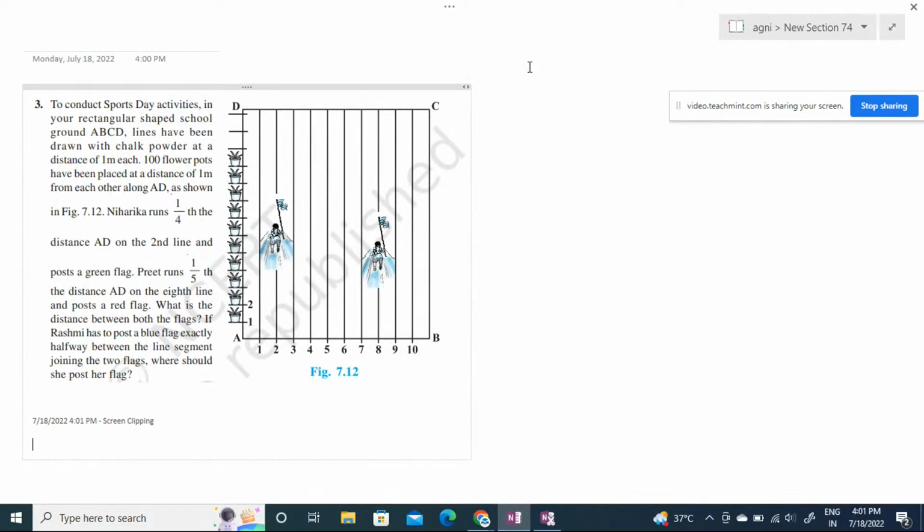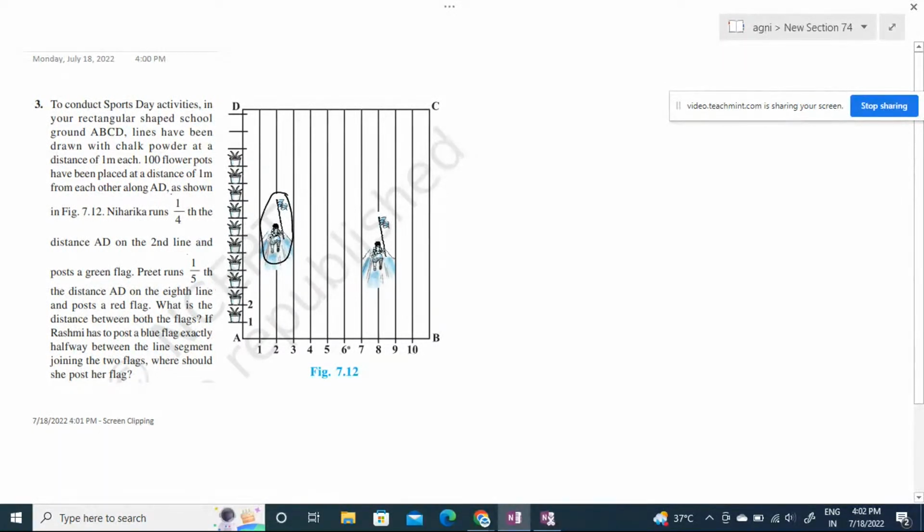Now, what happened? Niharika runs 1/4 of the distance AD on the second line. She is Niharika, because she is running on the second line. And she runs 1/4 of the distance of AD and posts a green flag.